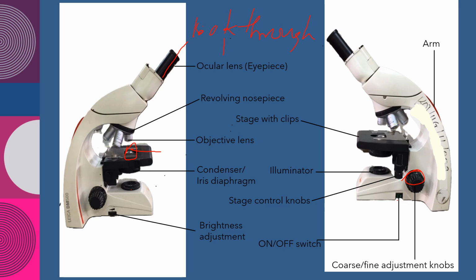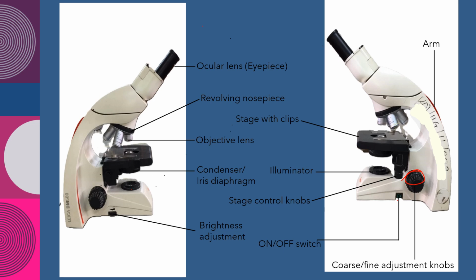The revolving nosepiece is used to change the objective lens that we are using. So when we rotate this dark one, it could change to times 10, times 40, times 100. And that is the work of the revolving nosepiece.